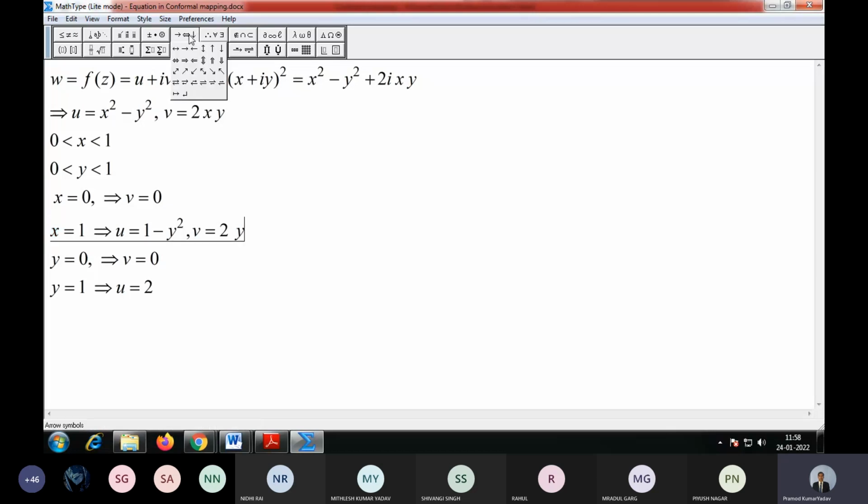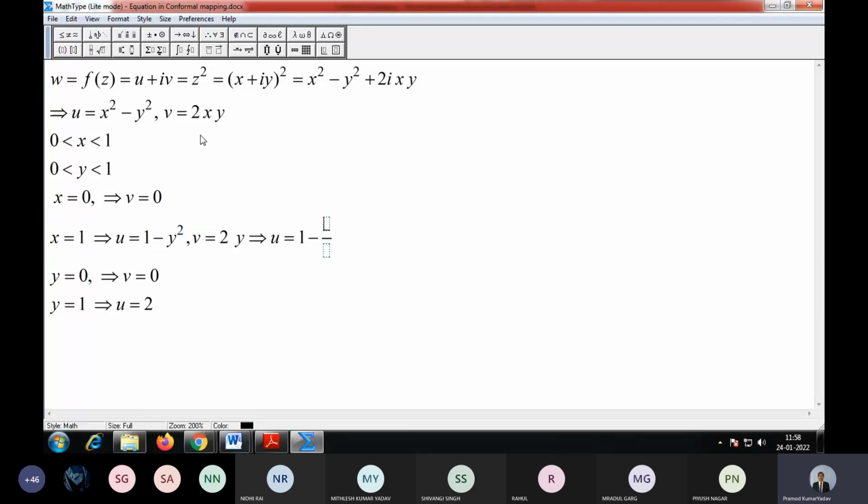This implies y is v by 2, so we can use the value of y in this expression. So what do we get? u equal to 1 minus y square, which means v square by 4. Please check my calculation.